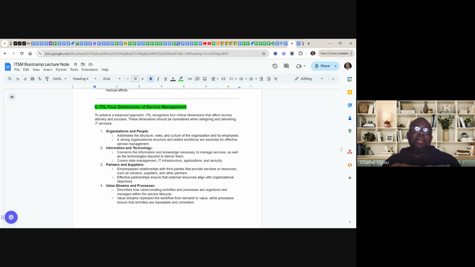Then partners and suppliers encompasses relationships with third parties that provide services or resources such as vendors, suppliers, and other partners. Effective partnership ensures that external resources align with organizational objectives.